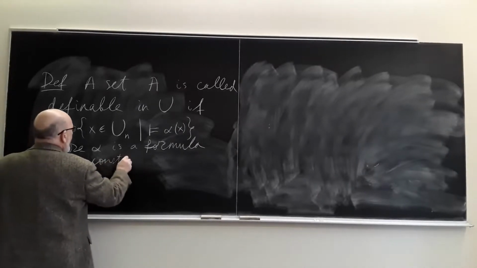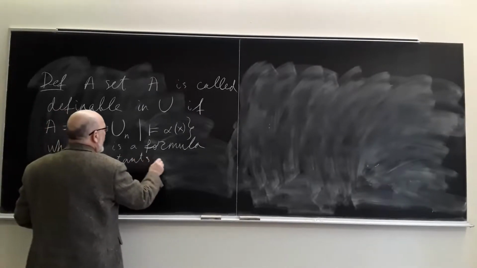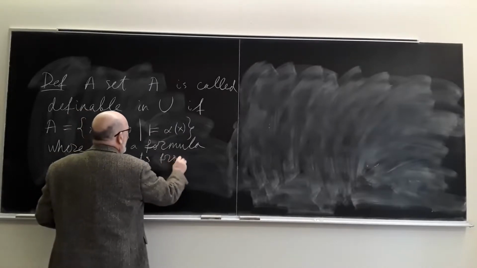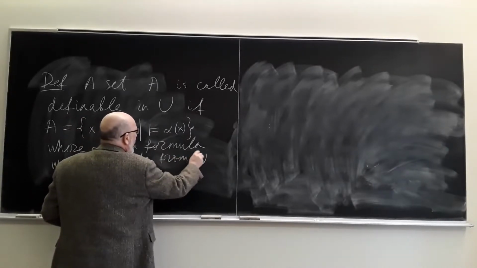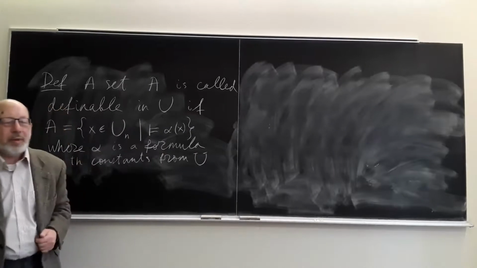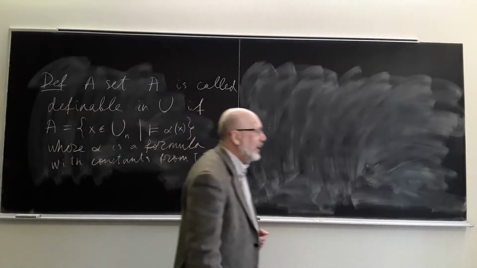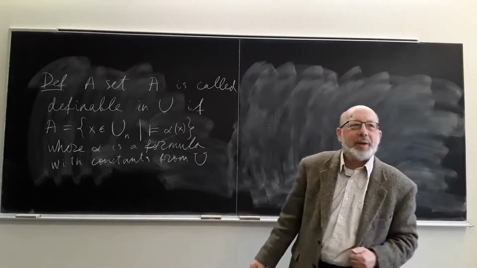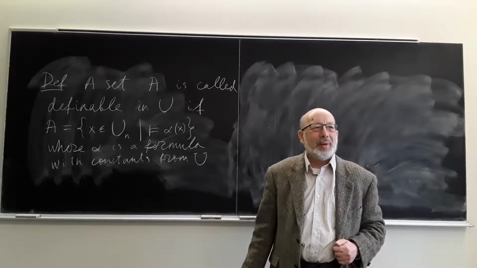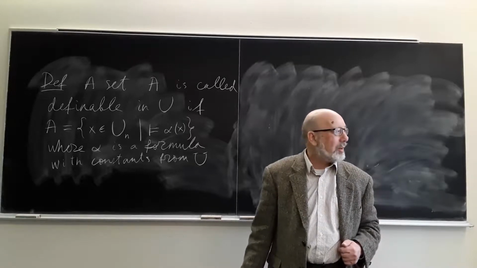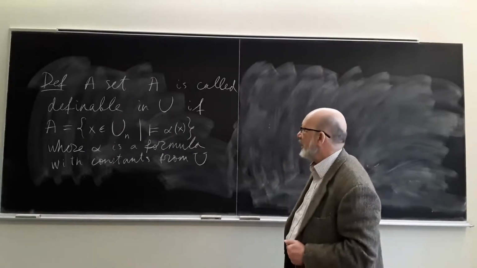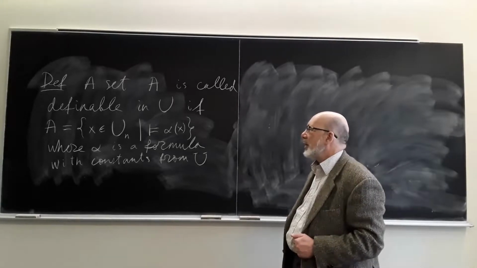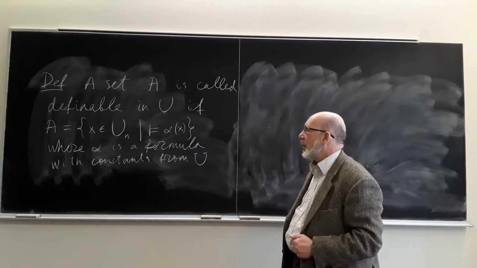Constants from U. No, the formula can be different. It can be, say, x equals x. It is a formula. No parameters, and it is true for any element x.